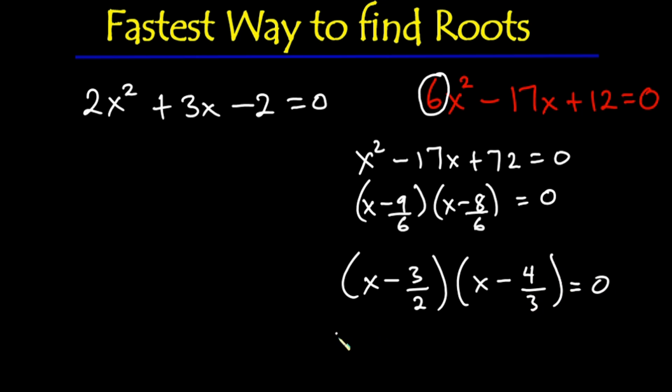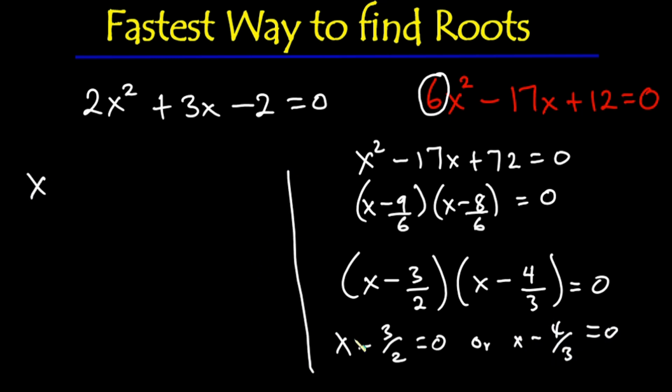And now we can say that x minus 3 over 2 is equal to 0, or x minus 4 divided by 3 is equal to 0. From this equation, x is equal to +3 over 2, or from this equation, x is equal to 4 over 3. And guess what? You are done.